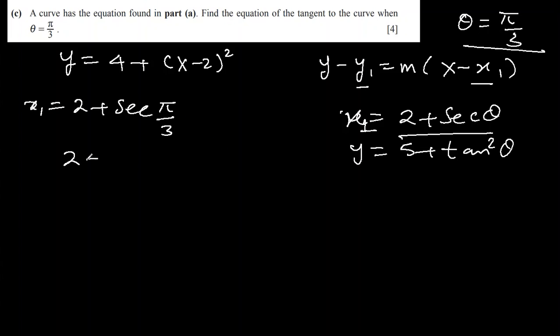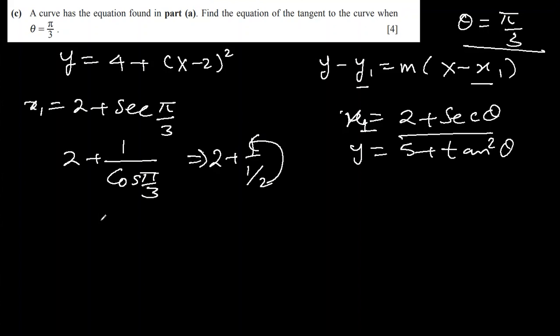Because our calculators don't have secant, we write 1 over cos pi by 3. Cos pi by 3 is half. So it becomes 2 plus 1 over 1 over 2. And denominator of a denominator becomes numerator. That means it will be 2 plus 2, which is 4. Our x1 is 4. Alright. What about y1?